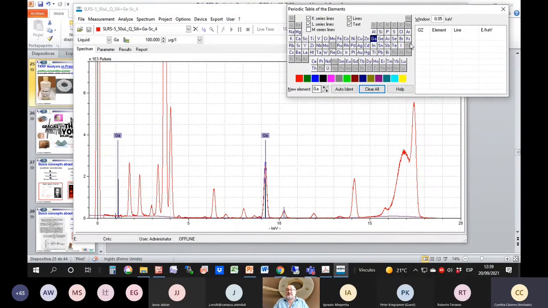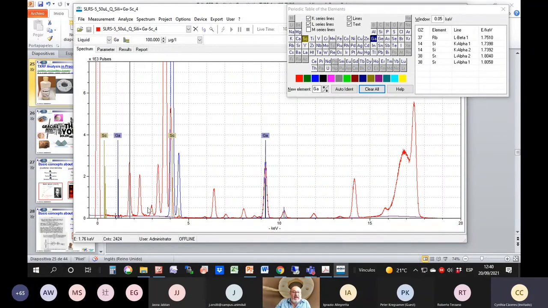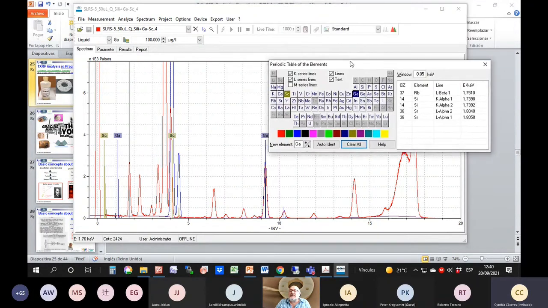This is the periodic table, and this is the tool for qualitative evaluation of the spectra that this system has. Also scandium, because we have used both elements, gallium and scandium.